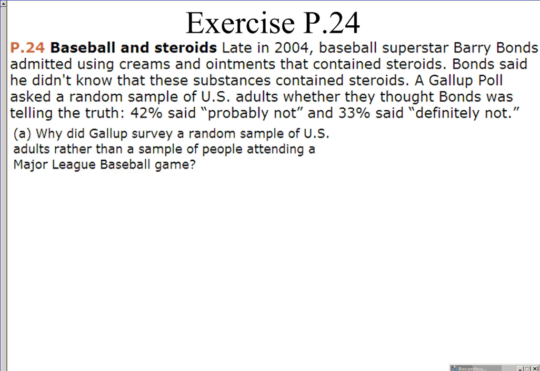Well, first of all, if they were interested in the opinions of all U.S. adults, you have different types of people that go to a baseball game than don't go. So if we only went to a baseball game and surveyed people, we're going to have a different target population than if we want to know about the entire U.S. population.